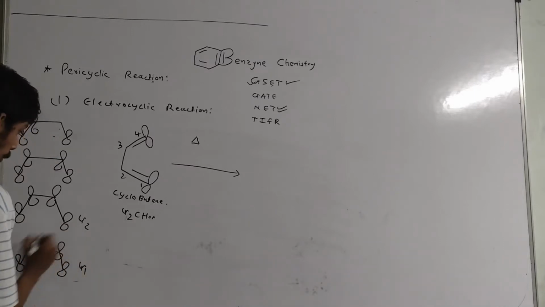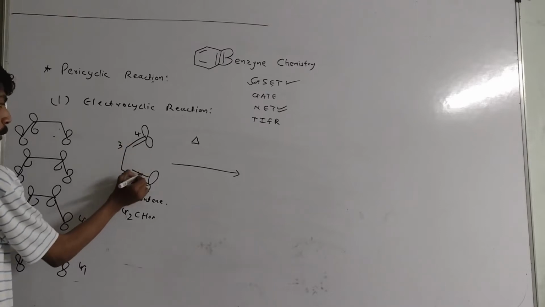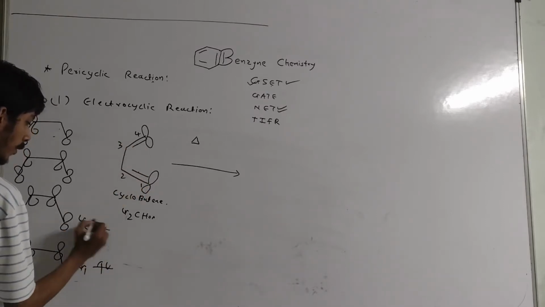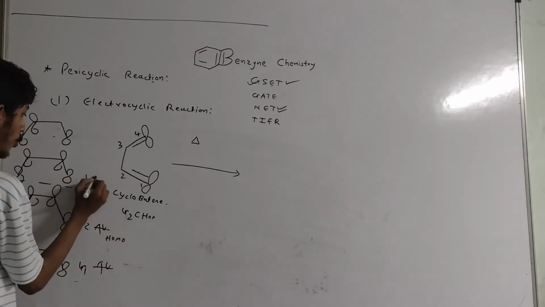How many electrons are present? There are 4 electrons, because 2 pi bonds are present. So this is HOMO, the highest occupied molecular orbital, and this is LUMO.